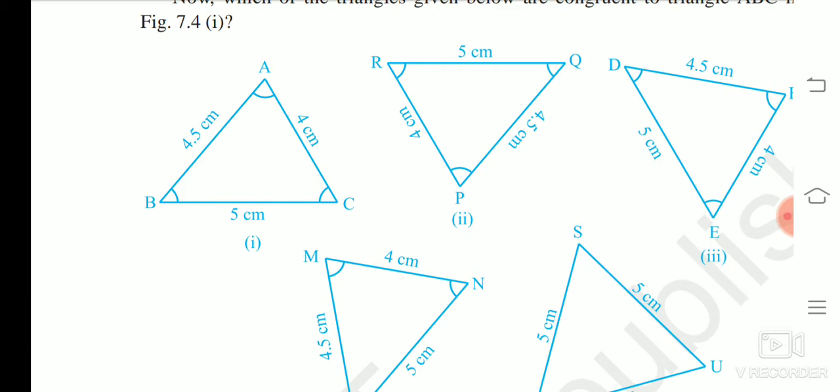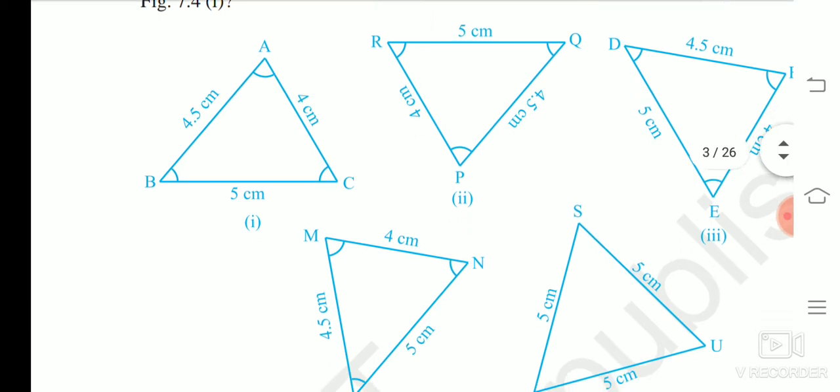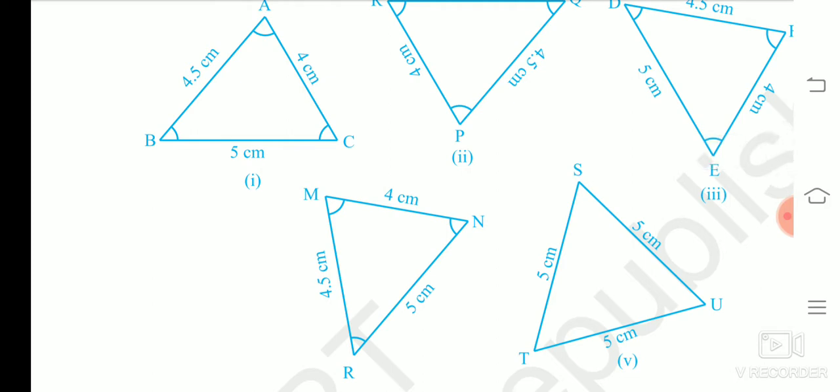So compare the first and second triangle: 4.5, 5, 4. Here also 4.5, 5, 4. Similarly the third one 4.5, 5, 4, and the fourth one 4.5, 5, 4. The fifth one is 5, 5, 5. Comparing with triangle ABC, in the fifth triangle only the sides are different.